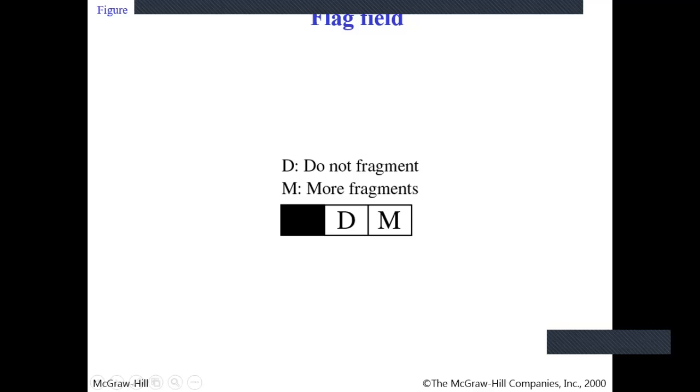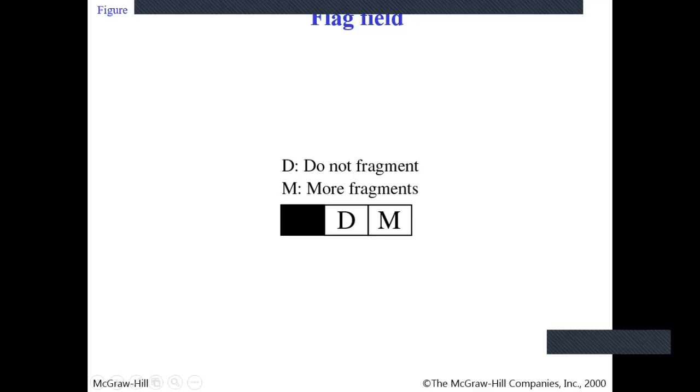As we know, D contains either a 0 or 1 value, and M also contains either 1 or 0. What is the meaning of 1 and 0 in each case?